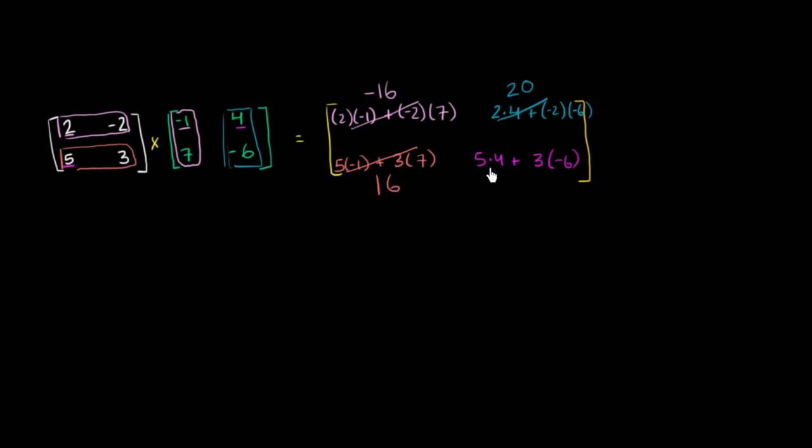And then finally, you're going to have 20 minus 18, so that's just going to be 2. So the product of these two matrices, we deserve a little bit of a drum roll at this point. When we multiply this 2 by 2 matrix times this 2 by 2 matrix, we are going to get -16, 20, 16, and 2. And we are done.